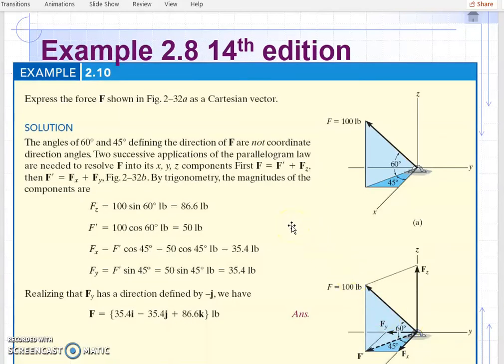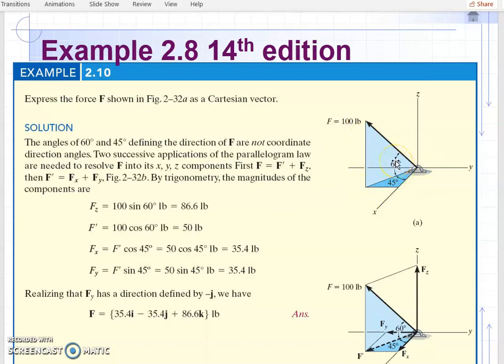Another example gives me almost the same information, though it's not quite the direction cosines. The direction cosines are specifically the angle from the vector directly to the axis. So this one's a little bit different. We'll just have to do a little bit more trig here. Notice we can get Fz because it's opposite. That is a right triangle.